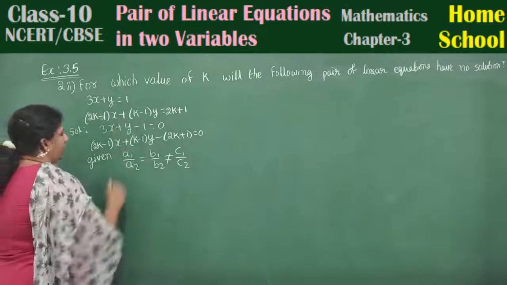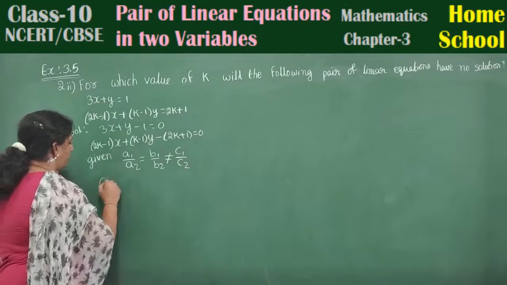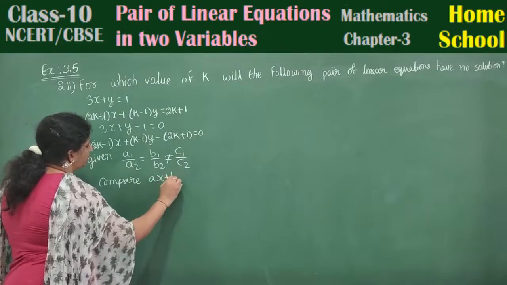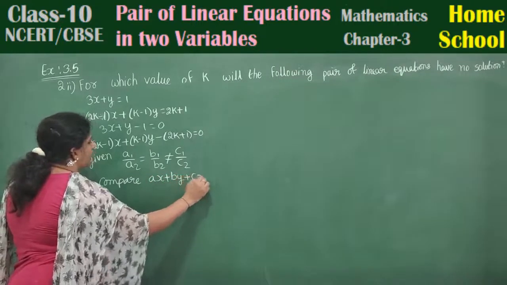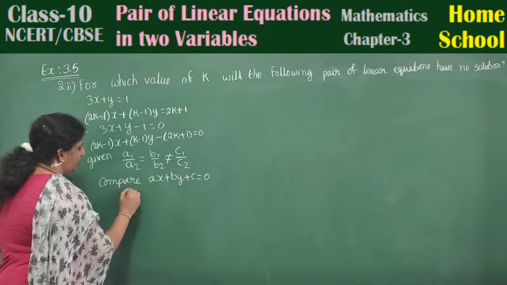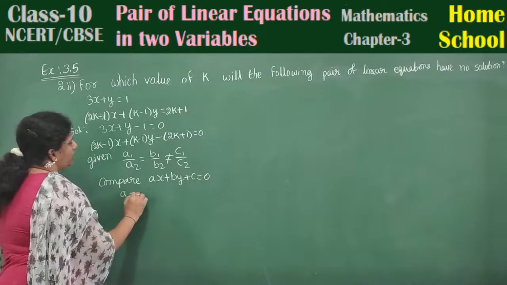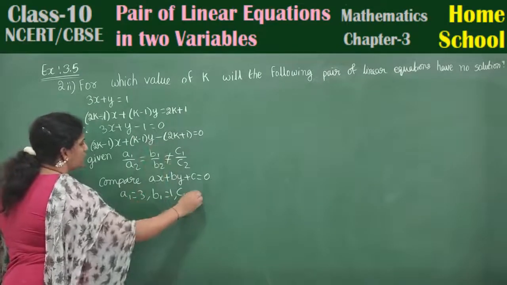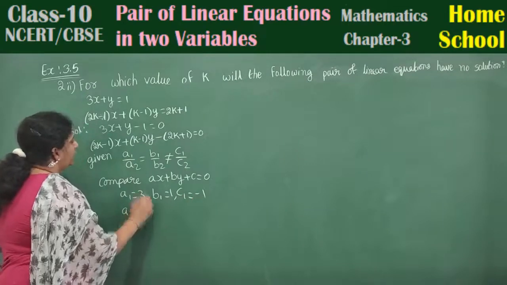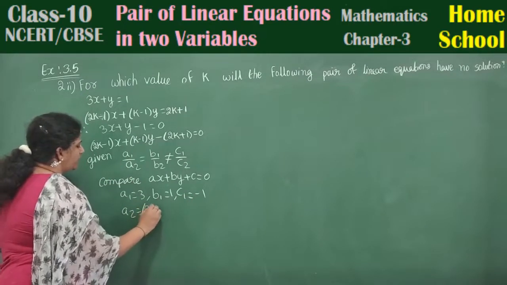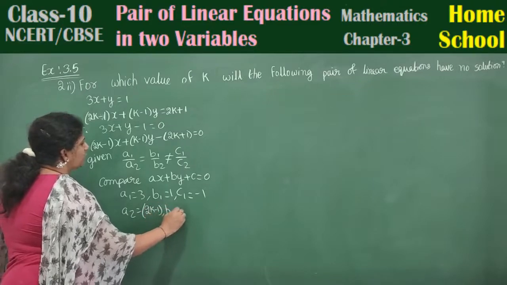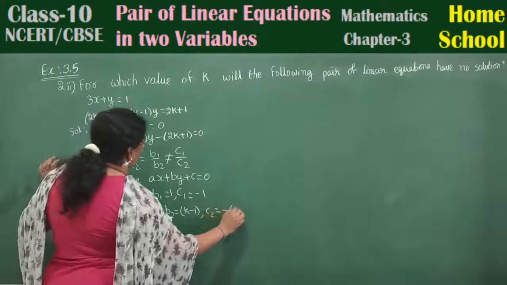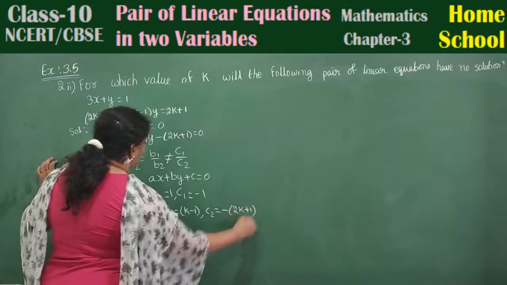Now, on comparing the equations with the general form of the pair of linear equations, write the a1, a2, b1, b2, c1, c2 values. a1 is equal to 3, b1 is equal to 1, c1 is equal to minus 1. a2 is equal to 2k minus 1, b2 is equal to k minus 1, c2 is equal to minus of 2k plus 1.